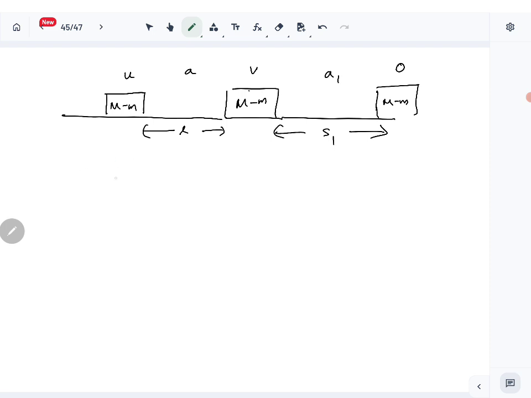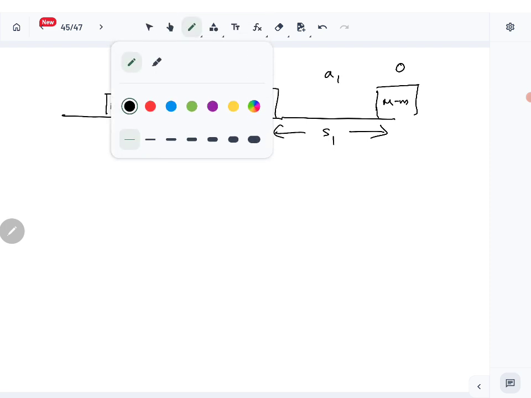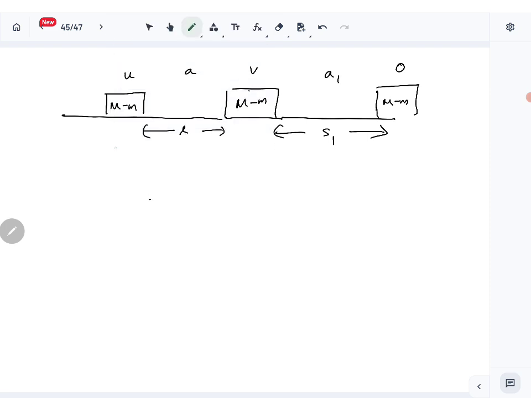Right. So let's figure out this one first. This speed, let's say it's v1. So v squared equals u squared plus 2as will apply.